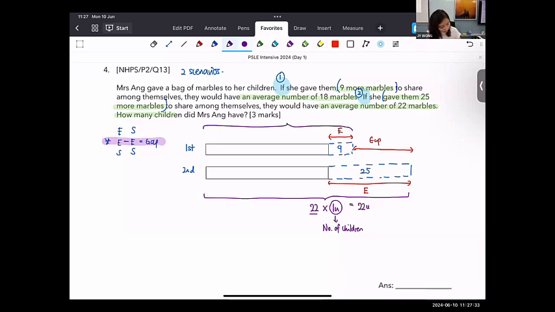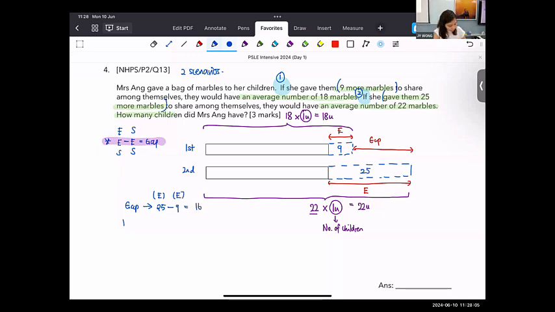For the first scenario, they say if she gave them 9 more, the average will be 18. So 18 times the number of children will give me 18 units. What do we do to get the gap? The gap here is actually 25 minus 9, which is the excess minus the excess, and I get 16.